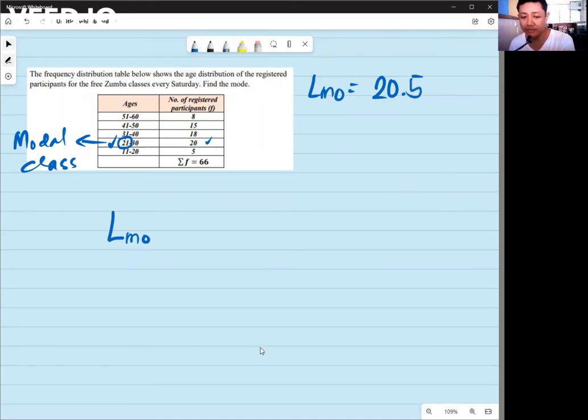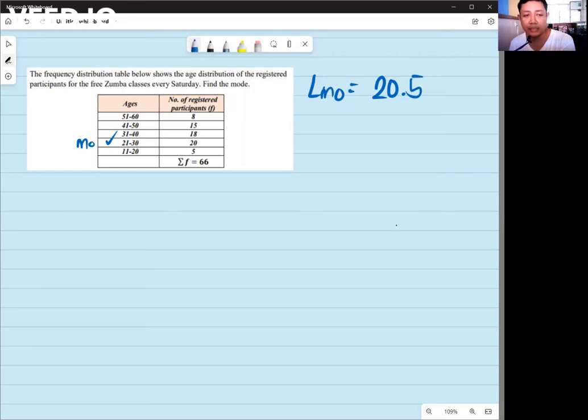Show me a reaction if finding the LMO is clear to you. Let me see. Very good. If you can follow the process, good. Okay. Now, let's move on with our D1 and D2. Okay. So, again, this is our modal class.